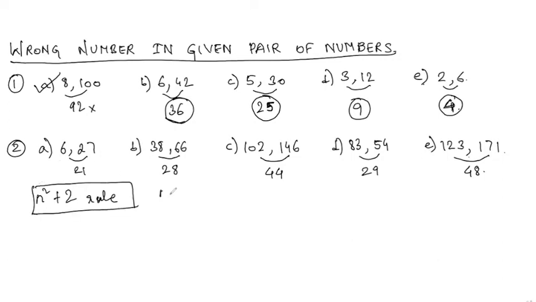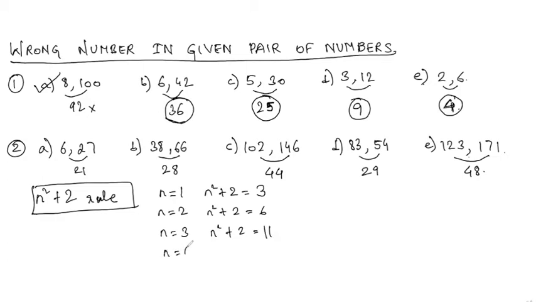If n is equal to 1, what is n square plus 2? 3. If n is equal to 2, what is n square plus 2? 6. For n is equal to 3? 11, 9 plus 2 is 11.